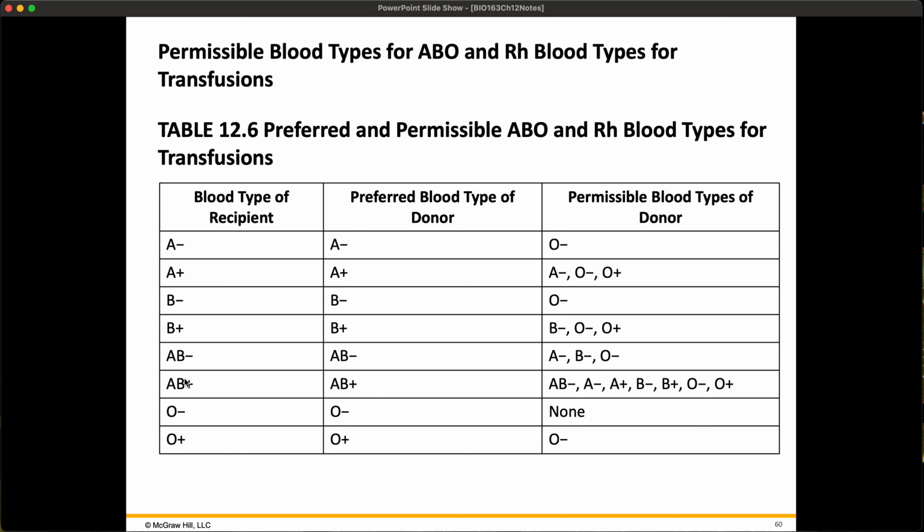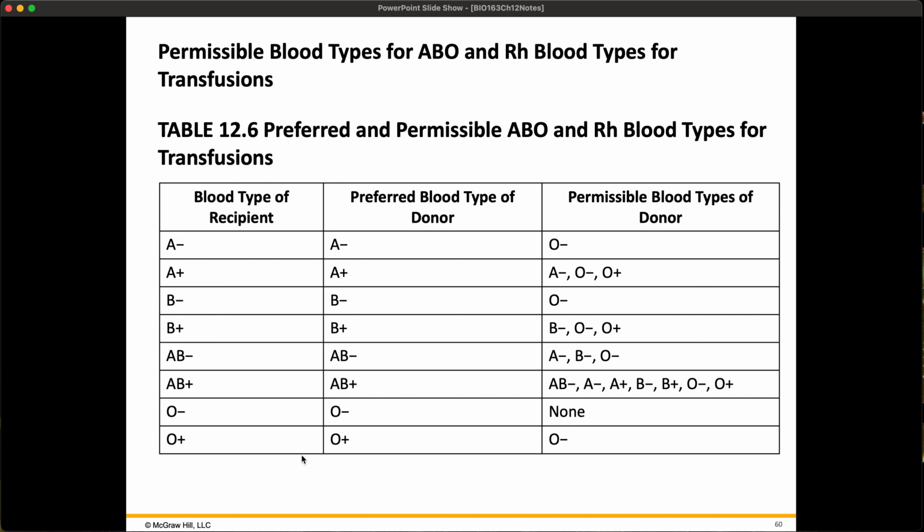And as we'll see with AB positive, that's your universal recipient. AB positive can receive AB negative, A positive, B positive, O positive, because it doesn't have antibodies for anything. Whereas O negative, because it does not have any antigens for A, B, or that Rh antigen, there are no alternatives for what it could be donated. You can only accept O negative.